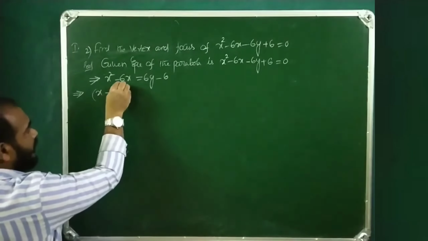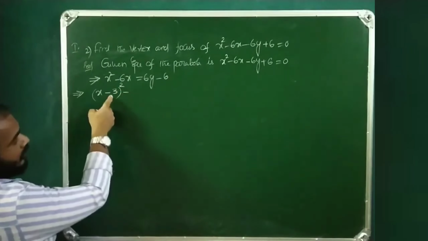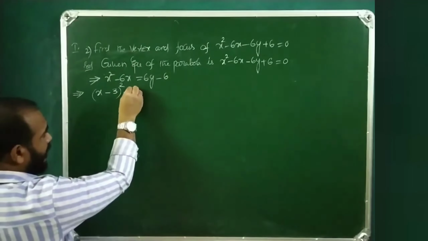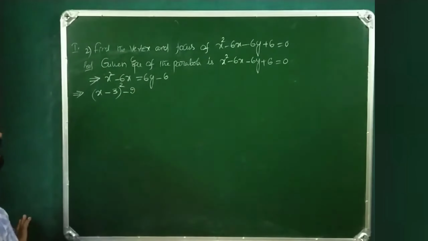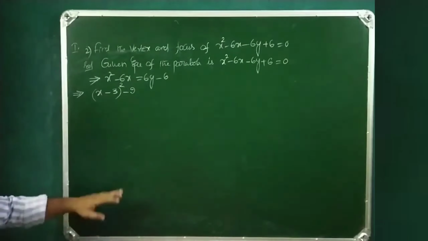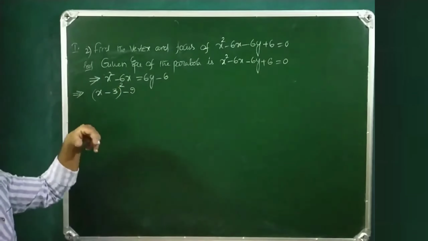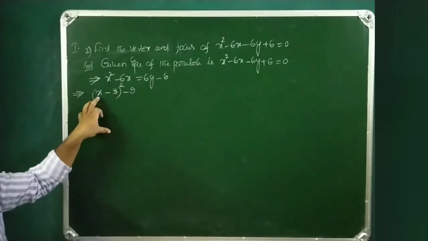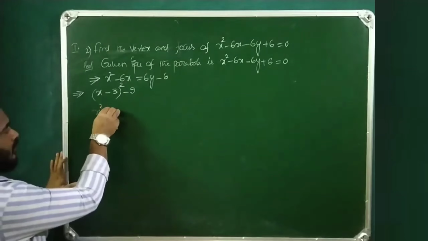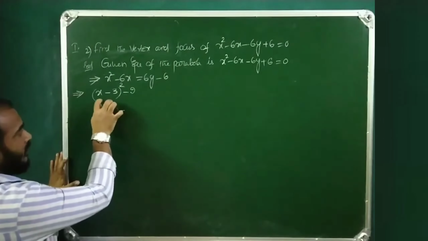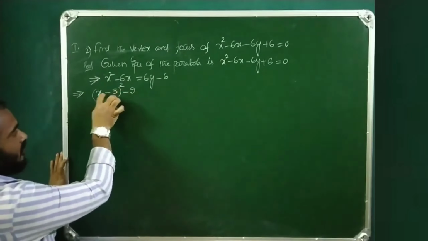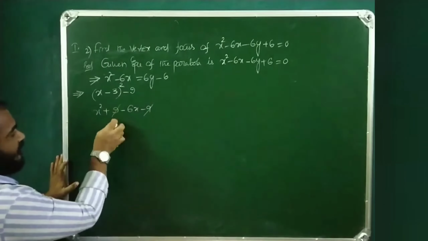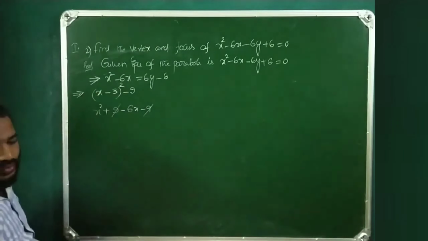Complete the square: minus whatever you have written here, you square it. 3 square, 9. So now the equation is balanced. x minus 3 whole square minus 9 is this only. You know how? This is x square, 3 square 9, a square plus b square minus 2ab, 2 3s are 6x, minus 9. 9 gets cancelled. I am left with x square minus 6x only.